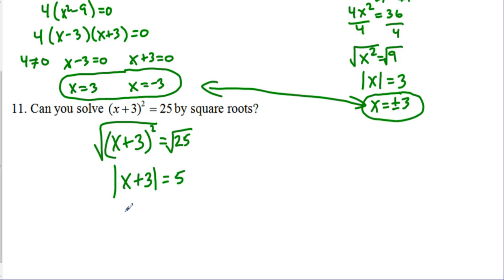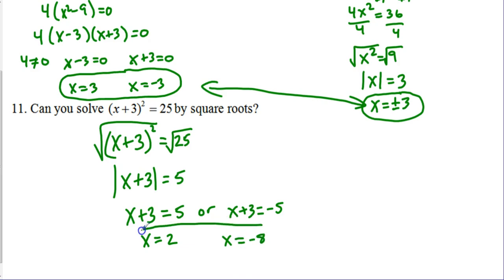Well, we know that the x plus 3 could equal two things. It could equal 5, or x plus 3 could equal negative 5. And I'm splitting it up into two equations here just to make it easier to solve. So on this side, x equals 2, and on this side, x equals negative 8. Those are our two solutions.